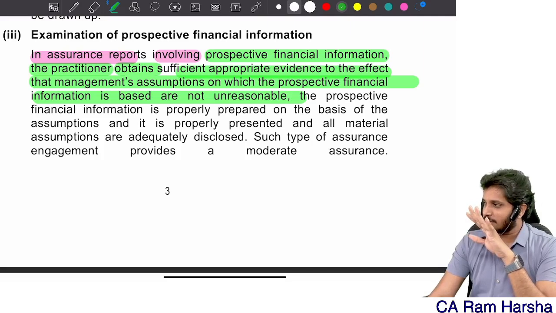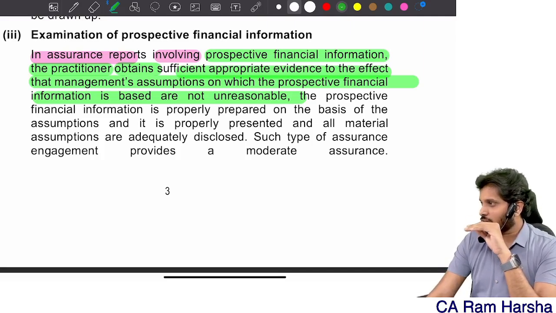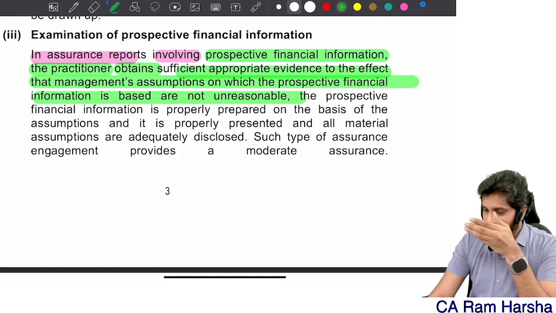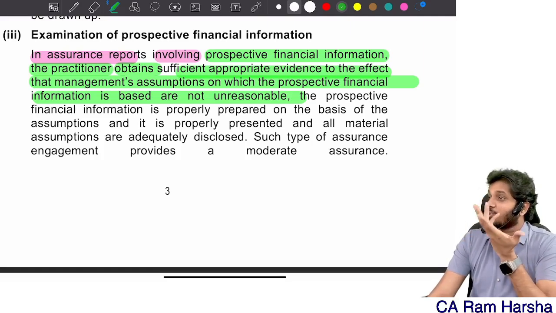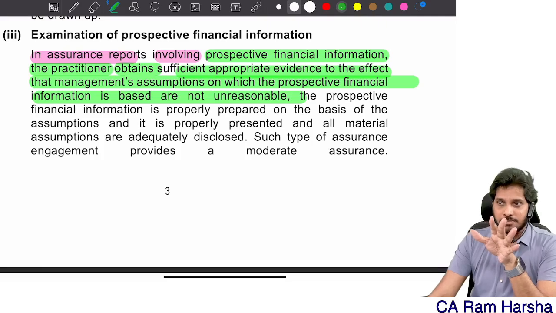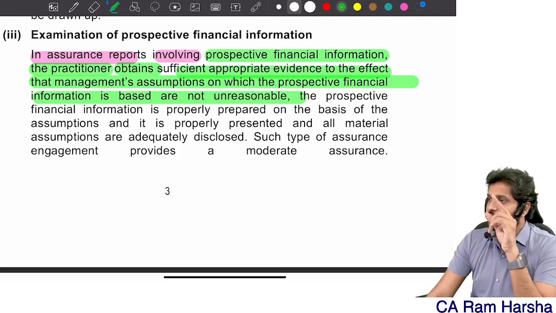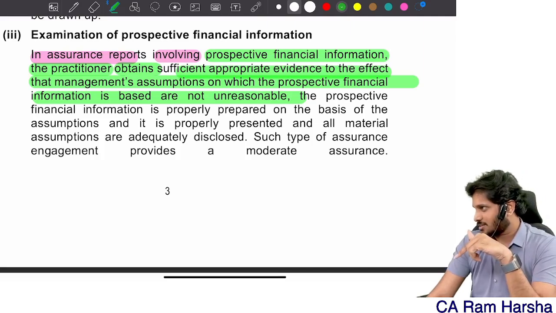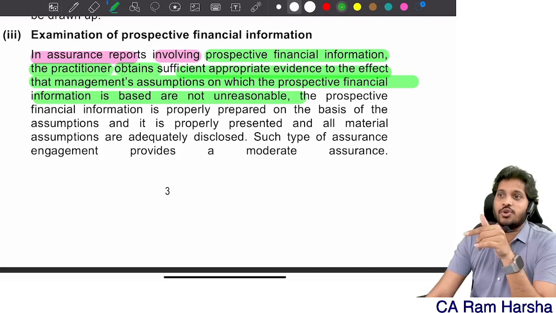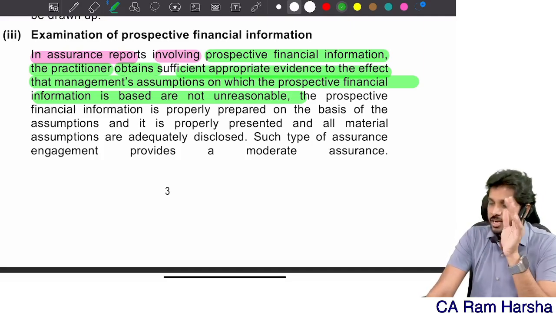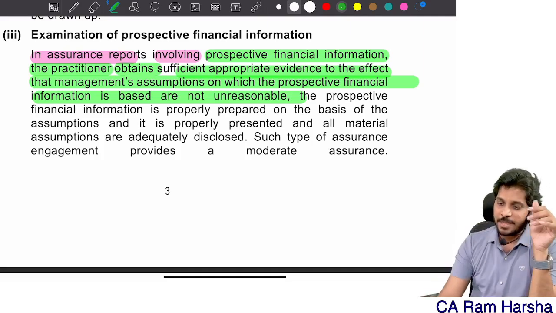Inside that some clause number 2 or 3 talks about a CA being prohibited to certify projections. You're not permitted to certify projections. If at all you're doing so, you need to mention certain assumptions, all that. Otherwise you should not associate yourself with prospective financial information. Anyhow, we will learn that in CA final. Next.